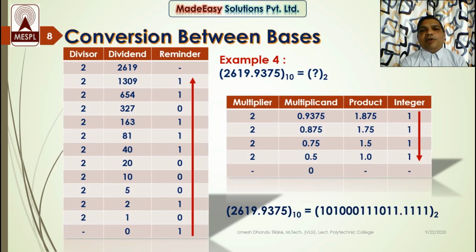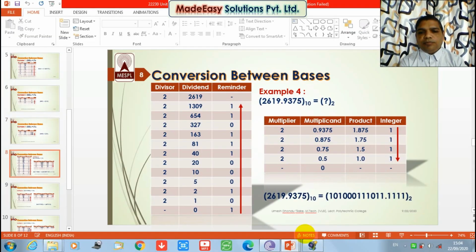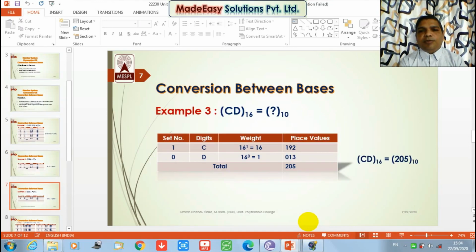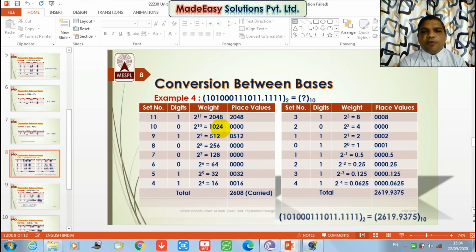So now the same number, if you remember in the previous video we had selected such a binary number that when converted into decimal we got this number. I can show you the PPT of the last video lecture. Over here, in example 4, we had considered this binary number and its decimal equivalent we got this number which we have considered in today's lecture, 2619.9375.